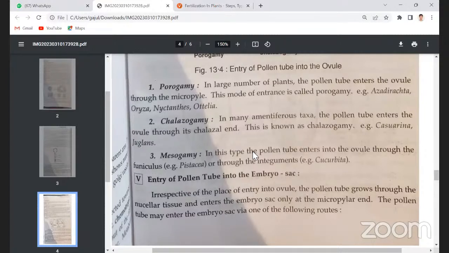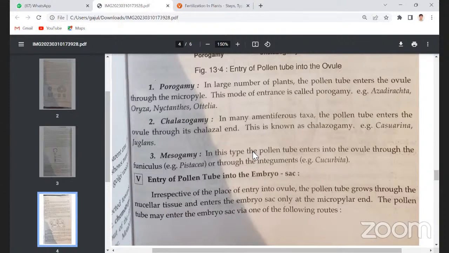Next, coming to the entry of the pollen tube into the embryo sac. The previous topic was the entry of the pollen tube into the ovule. Now we will discuss the entry of the pollen tube into the embryo sac.